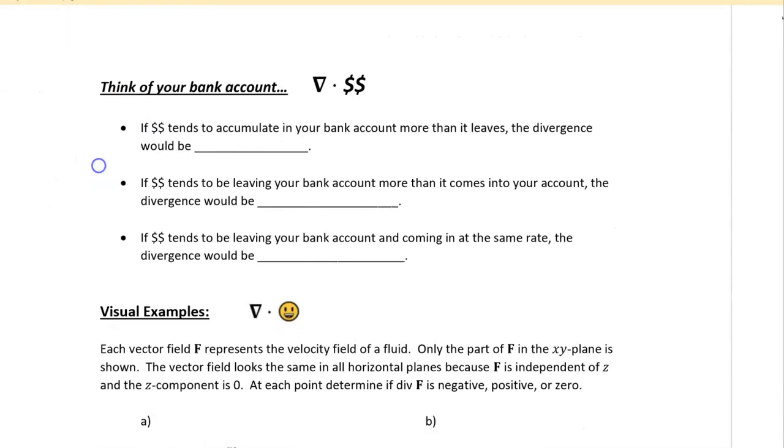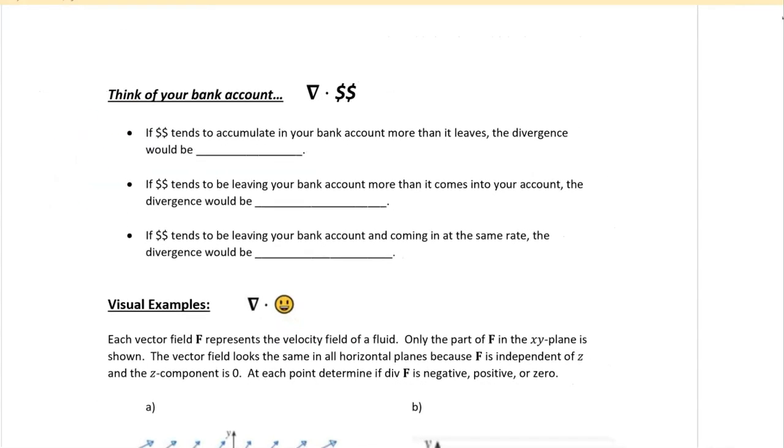Okay. Let's think about your bank account for a moment. Give you the idea of whether you are a sink or a source of money. If money tends to accumulate in your bank account more than it leaves, the divergence, we would say, is negative. Flow in is greater than flow out.